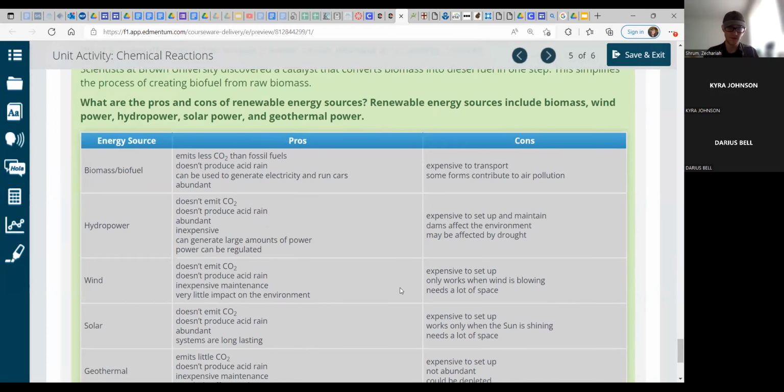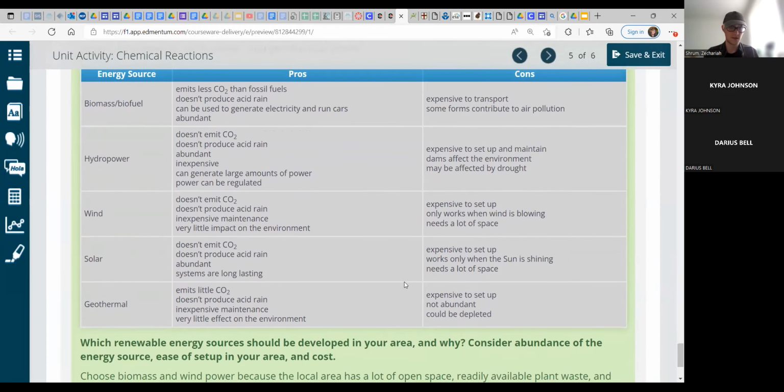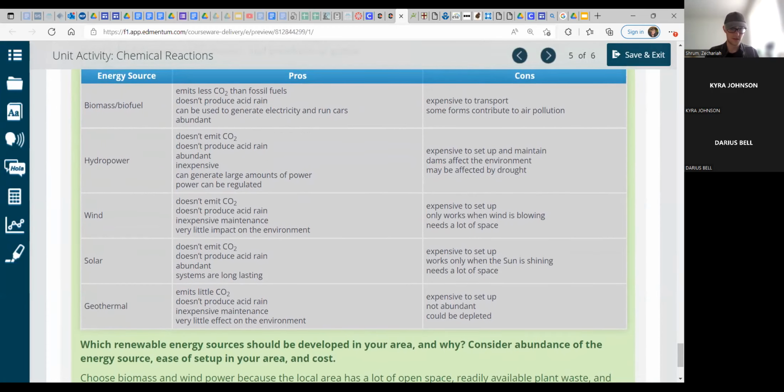So we could, if you've ever used the clipping tool or the snipping tool, you can just go like that, copy.